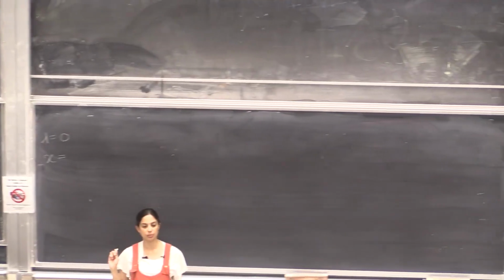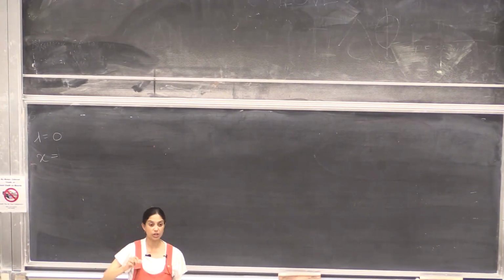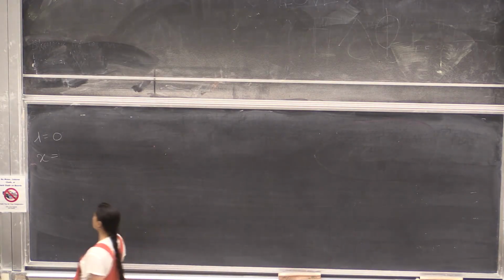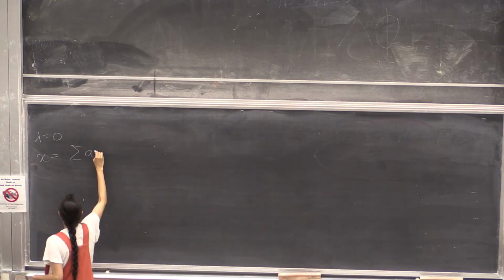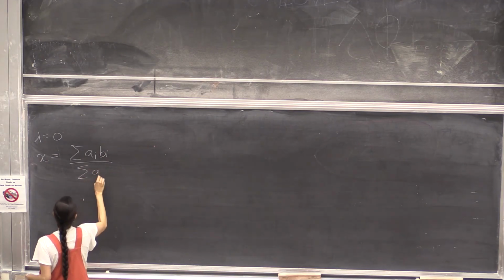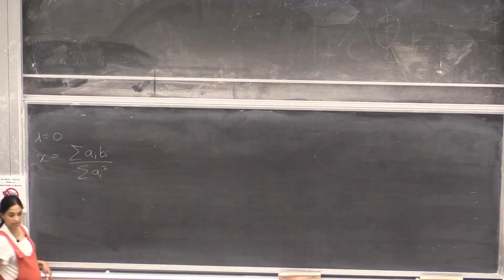This whole thing is differentiable. This is just the least squares problem. You should have this memorized in your sleep. If lambda is equal to 0, x is just the sum of ai bi divided by the sum of ai squared.